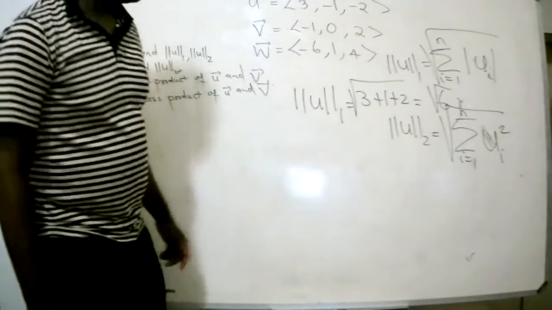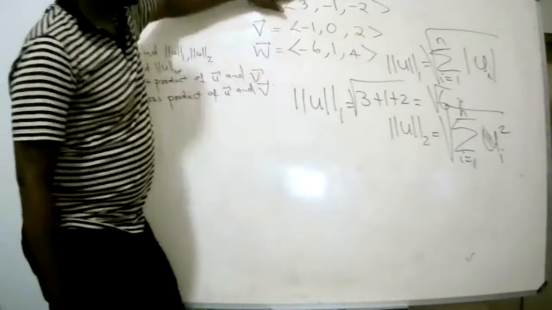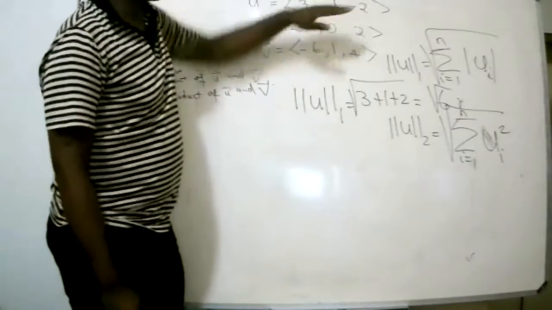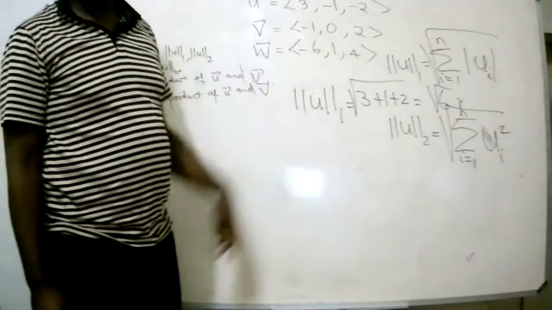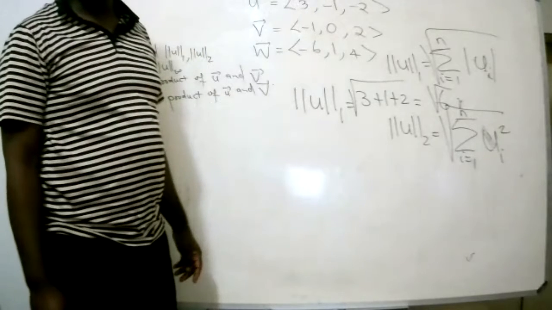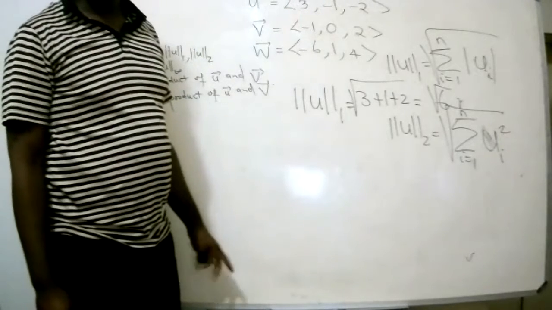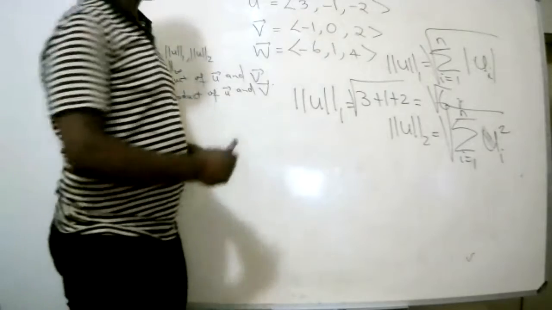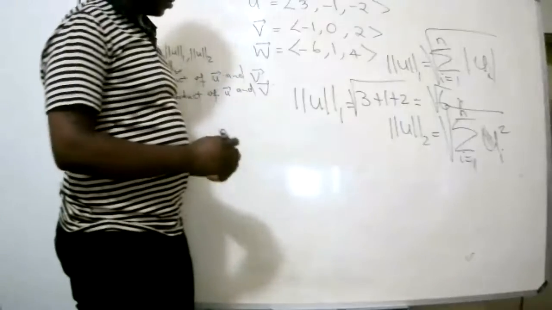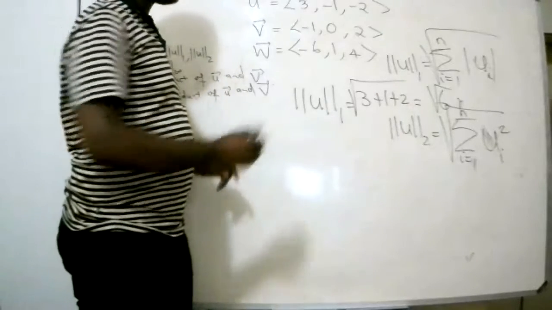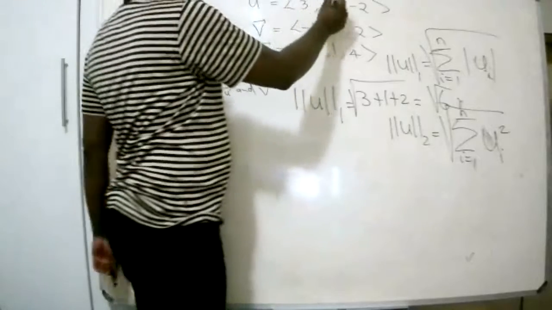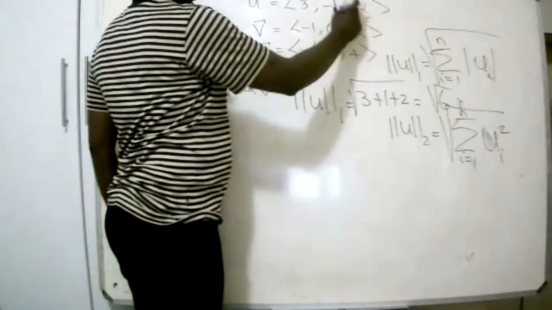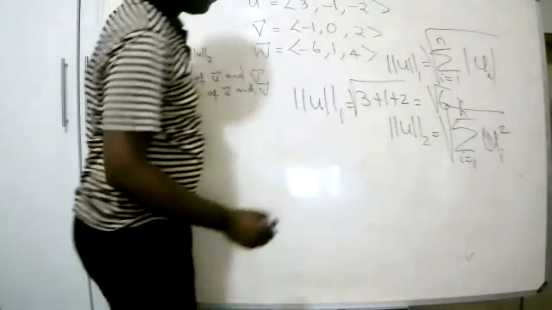All right, so now let's do the 2 norm for this. We are going to square 3 here. What is the square of 3? It is 9. And then the square of -1 is going to be 1. The square of -2 is going to be 4.